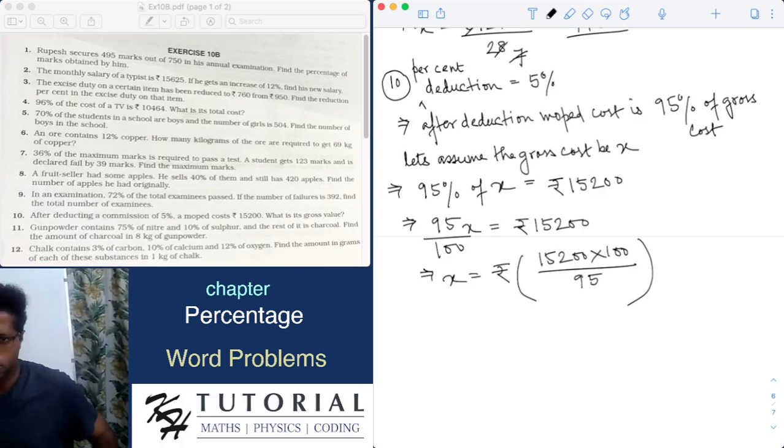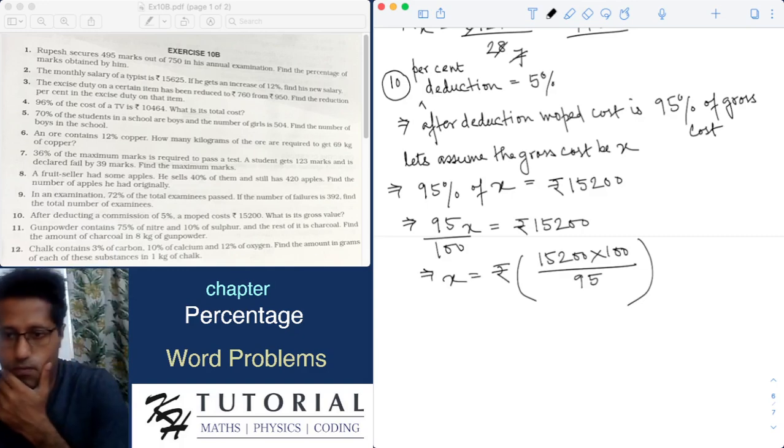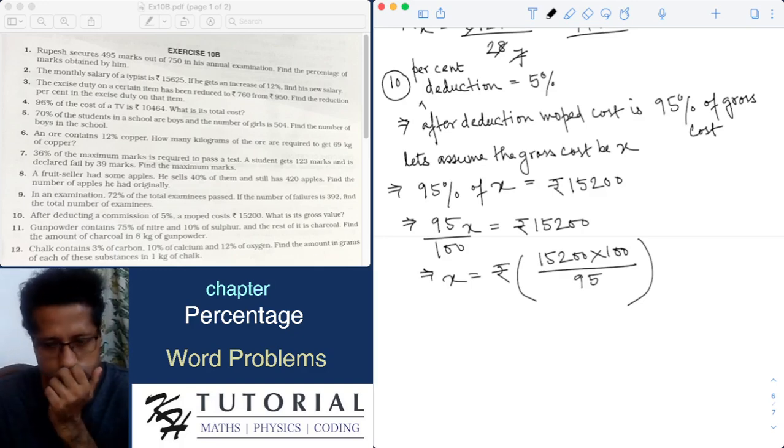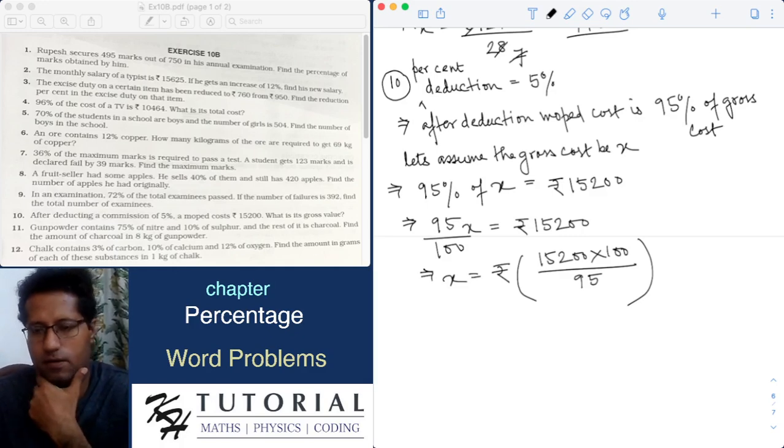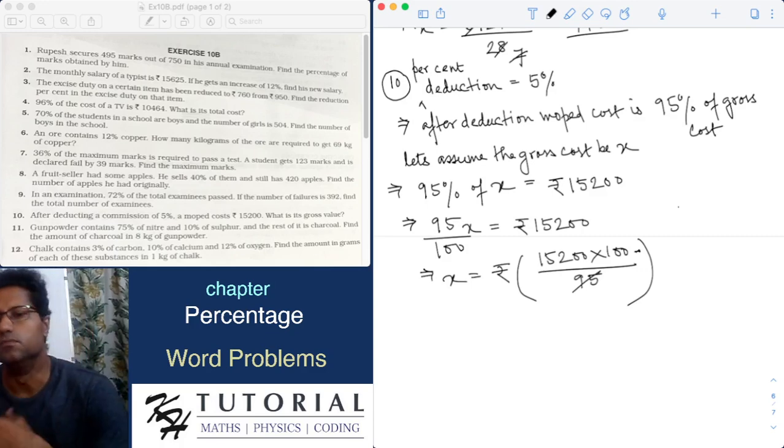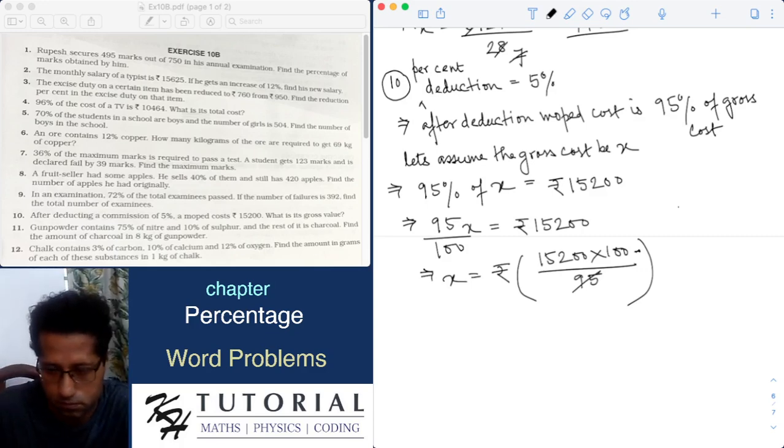Now I really don't like this kind of big calculation, but we have to do it. So 95, let's see if 95 will divide 15200. I don't think so. No. Just divide by 5. 5 into 19 is 95, and this is 3040.